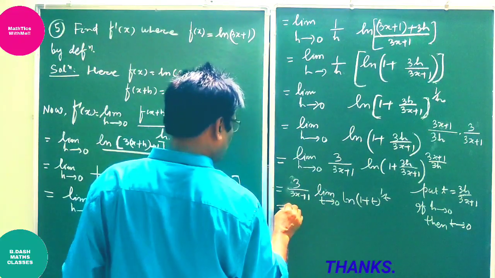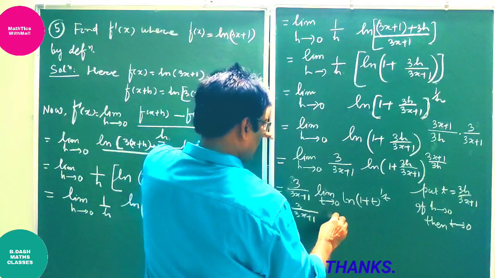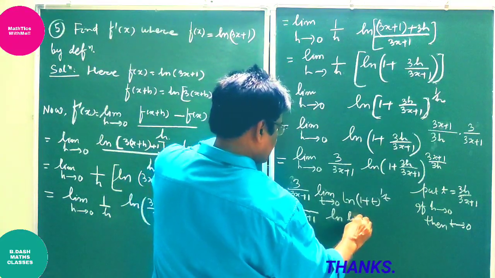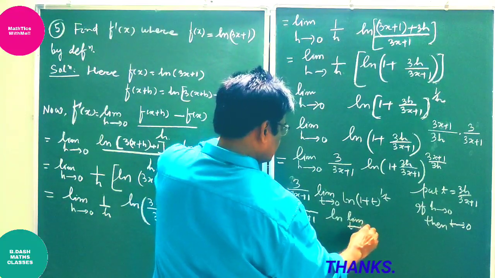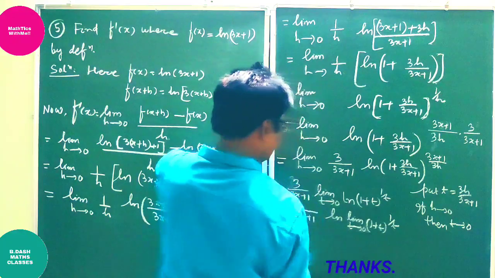So this is equal to 3 by 3x plus 1 ln of limit t tends to 0 of (1 plus t) to the power 1 by t.